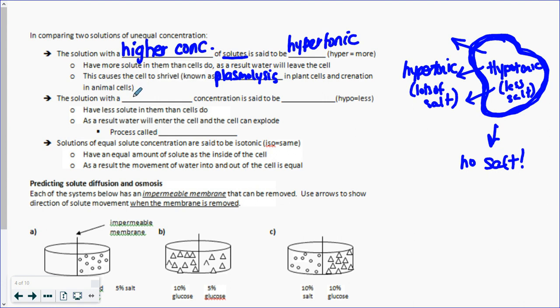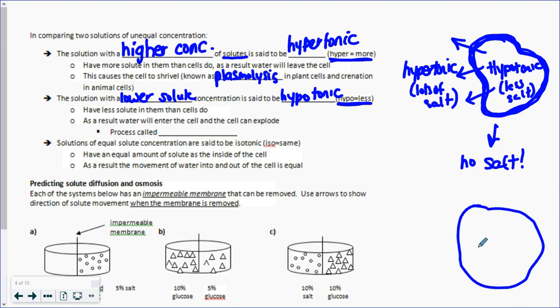So the solution with a lower solute concentration is said to be hypotonic. I didn't talk about this, but hyper means more, hypo means less. And so if we had that same cell in reverse, I'll make it a different cell, lots of salt, not much salt.